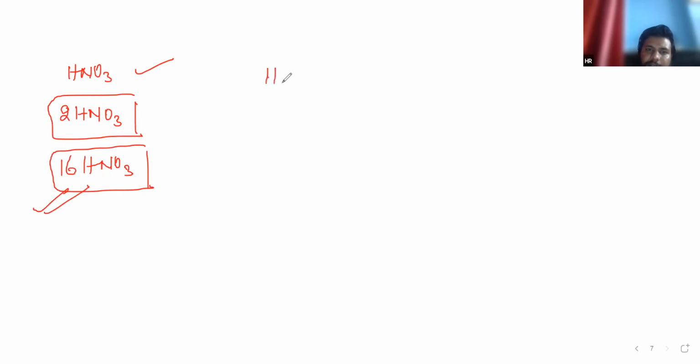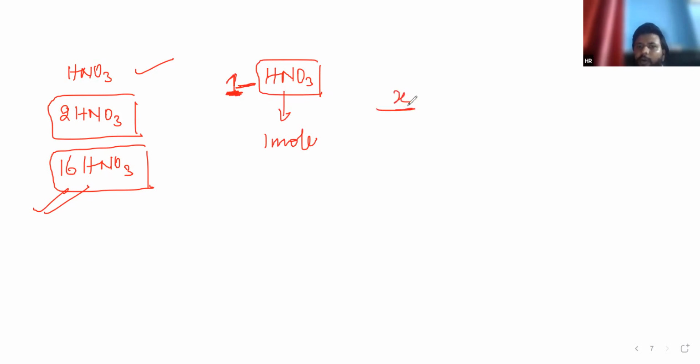And if I just write HNO3, that means 1 molecule of HNO3. This is 1 molecule because 1 is multiplied here. You just don't need to write 1 HNO3. If X is here, how many X is present? 1. We know that 1 multiplied into X will also equal X.